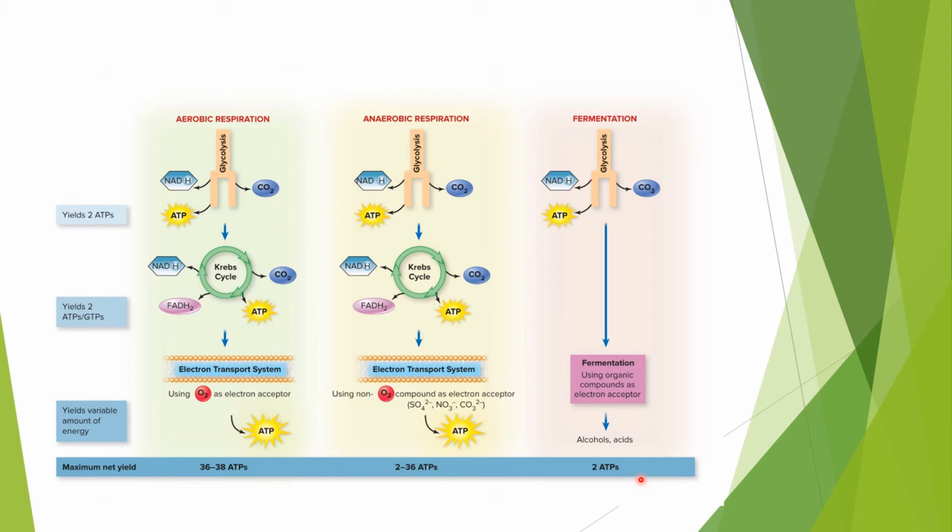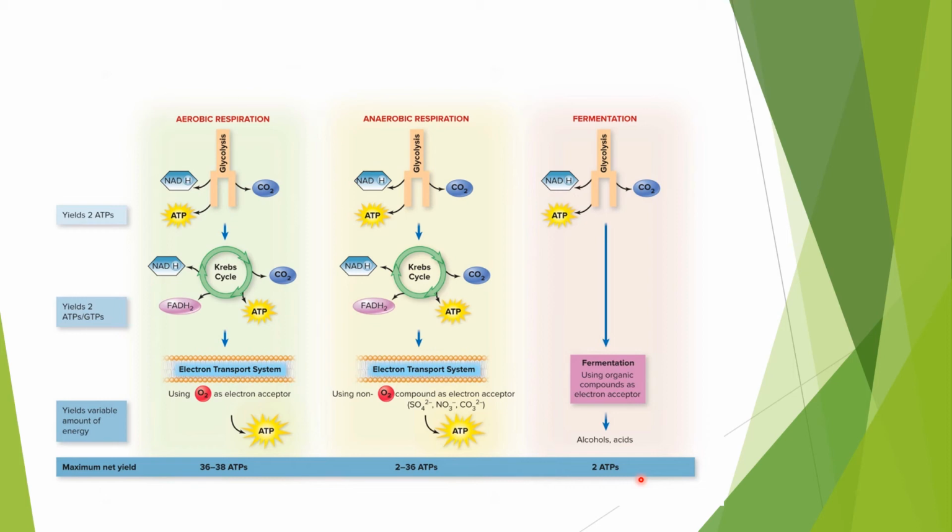So bacteria such as Streptococcus can't go through aerobic or anaerobic respiration. They can't go through these types of respiration even in the presence of oxygen. So even if they were given oxygen, they're still not going to be able to go through the respiration processes. They're going to go through the fermentation process. Okay.